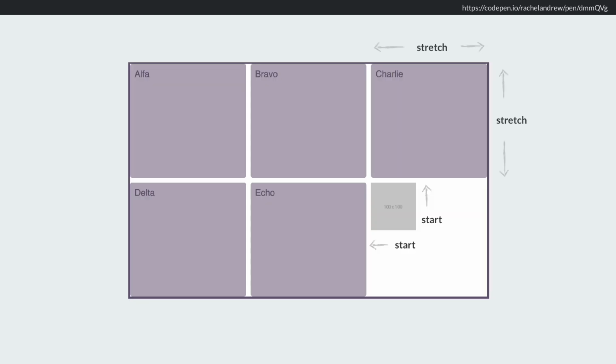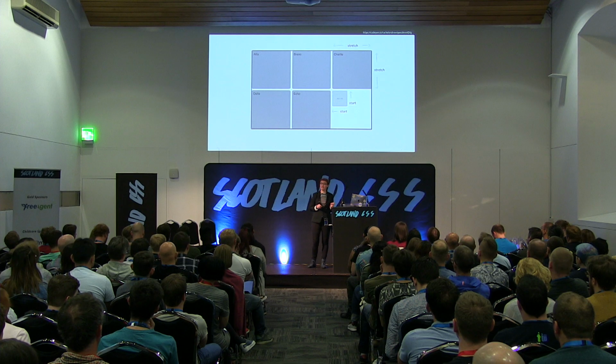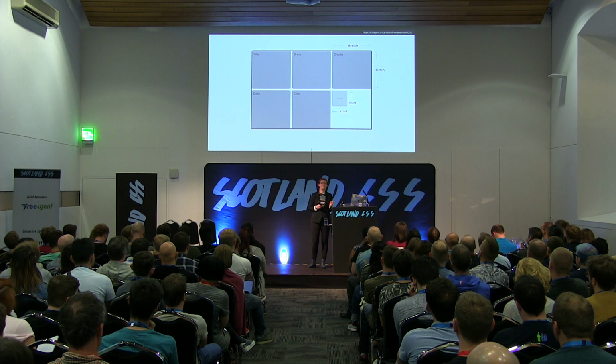And the default for align items and justify items is stretch, which is why when you do your very basic grid demo of 3 columns, everything fills the column and looks nice and neat. The exclusion to that is that anything with an intrinsic aspect ratio, for example, an image, will be aligned start by default.